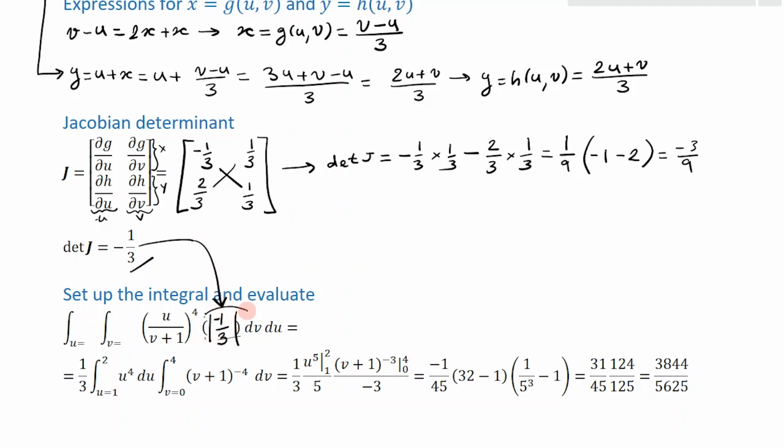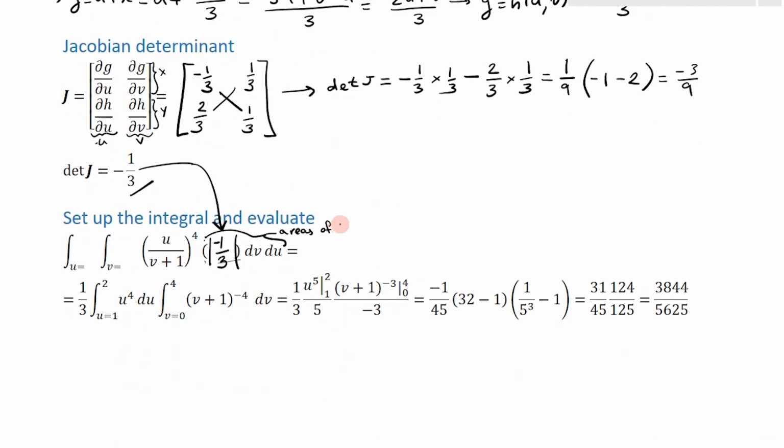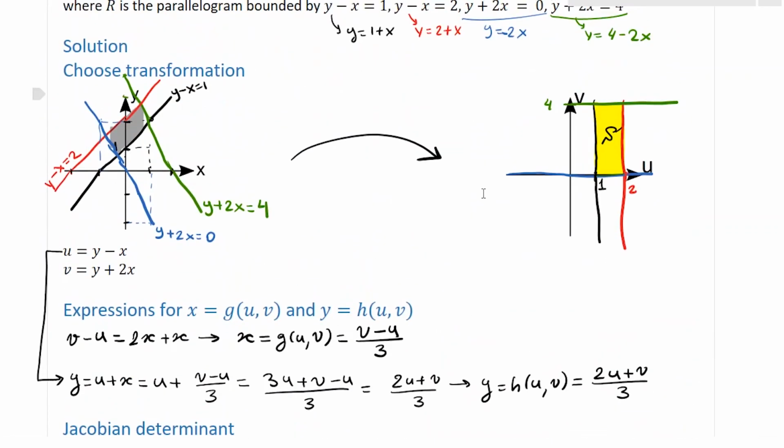And those would be areas of infinitesimally small parallelograms in the region R. So let's just call them tiny areas of tiny parallelograms. Those tiny parallelograms correspond to rectangles on this plane.